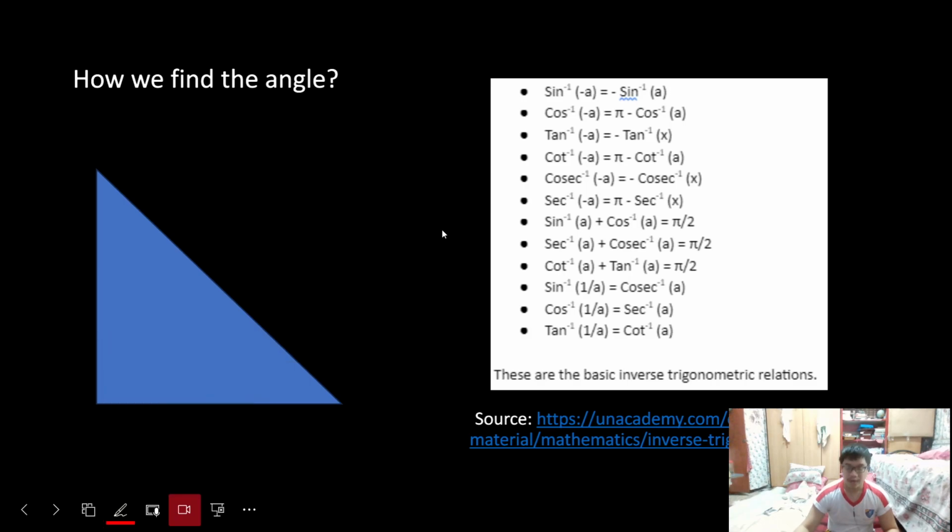So for now, we're going to focus on a few of these trigonometric functions, or rather equivalents, which is this one, this one, this one. The rest, we will discuss soon.